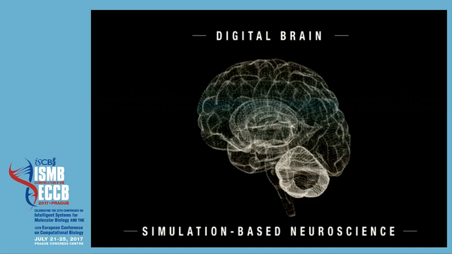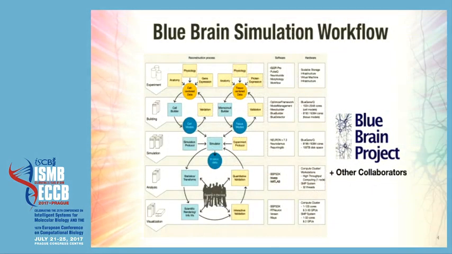So in summary, this is the Blue Brain simulation workflow. It involves more than 150 scientists from different disciplines: neuroscientists, biologists, mathematicians, computer scientists, visualization experts, and many others. But our concern here will basically be this part. Once we do an experiment, we build a model, and then we do some simulations using this model.